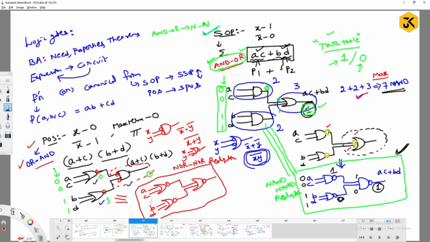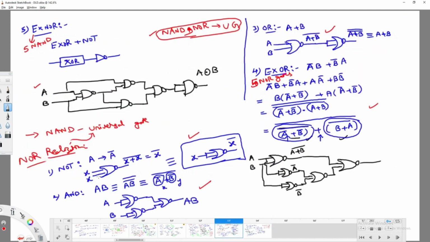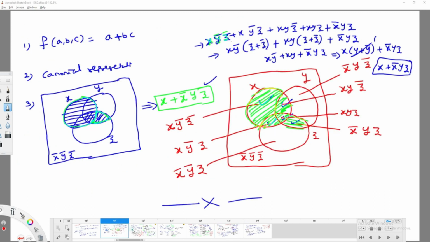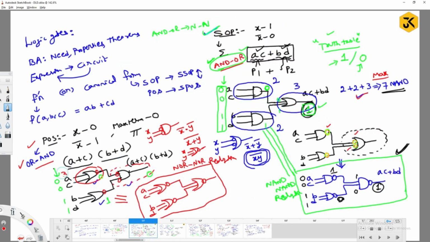Basically, guys, here also, in order to represent one OR gate in XOR representation, you require 3 XOR gates. Am I right?